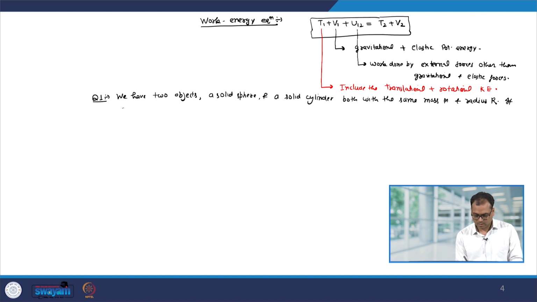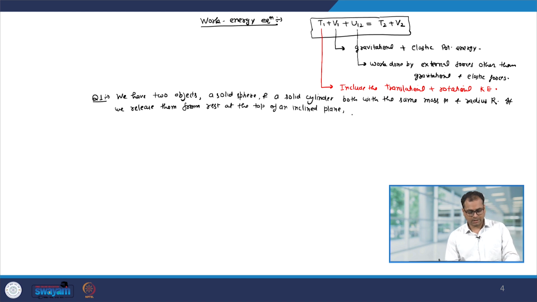If we release them from rest at the top of an inclined plane, which object will win the race?